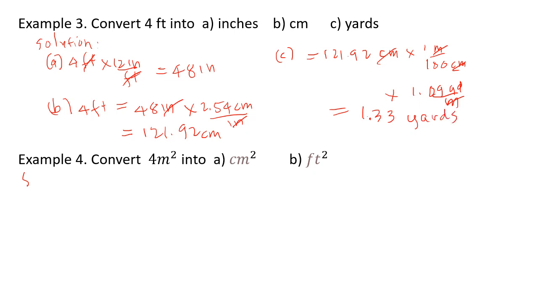For the number 4, convert 4 meters squared into centimeter squared, feet squared.